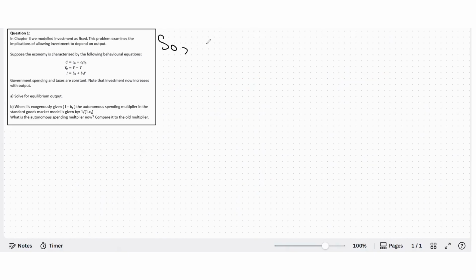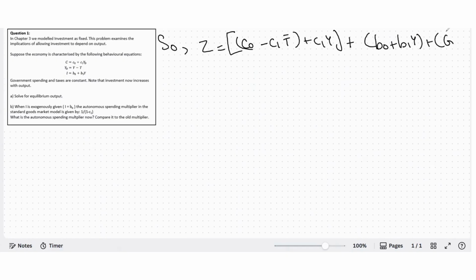So Z is just going to be c0 minus c1 T bar plus c1 Y plus b0 plus b1 Y plus G bar, right?